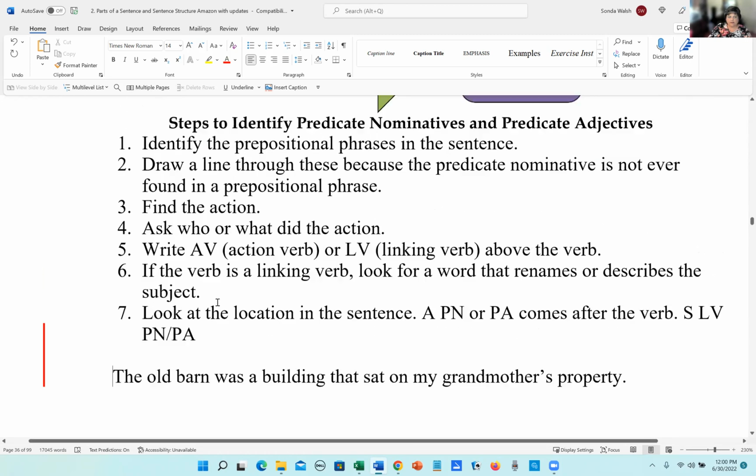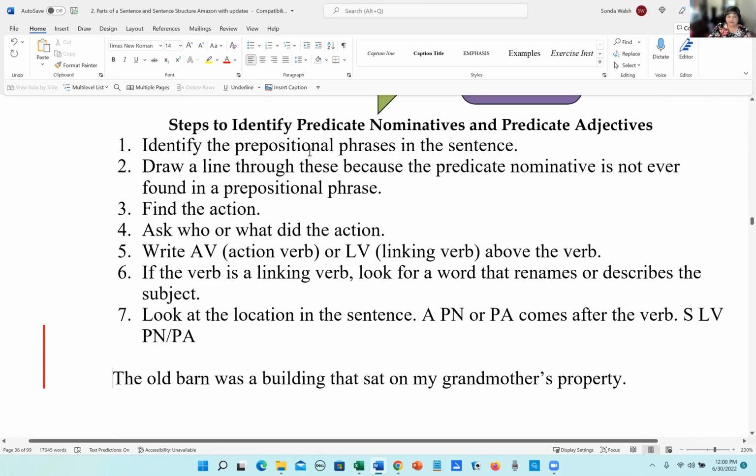All right, so let's go up here and go through our steps. Identify the prepositional phrases in the sentence. So on my grandmother's property is the prepositional phrase. The next step is draw a line through these because we don't need them, so we'll draw a line through that.